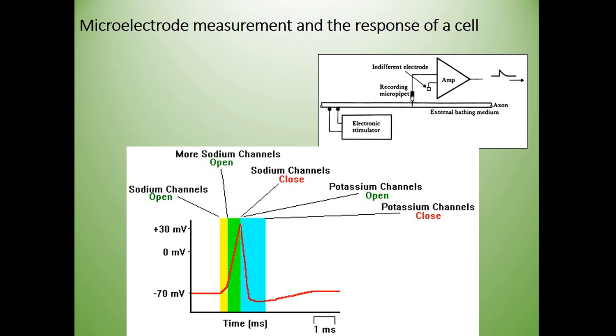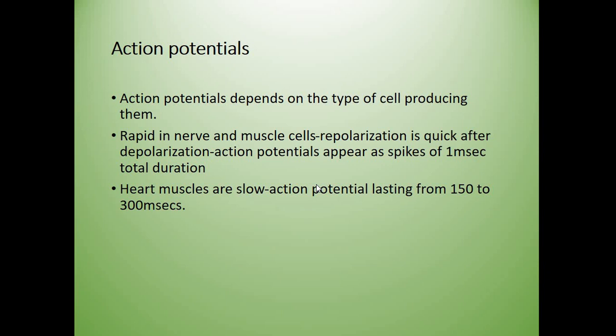And all these potentials can be measured with the help of micropipettes, that is hair-like electrodes, which are used for measuring these potentials without damaging the activity of the cell. Now the action potentials depend on the type of cell that is producing them.